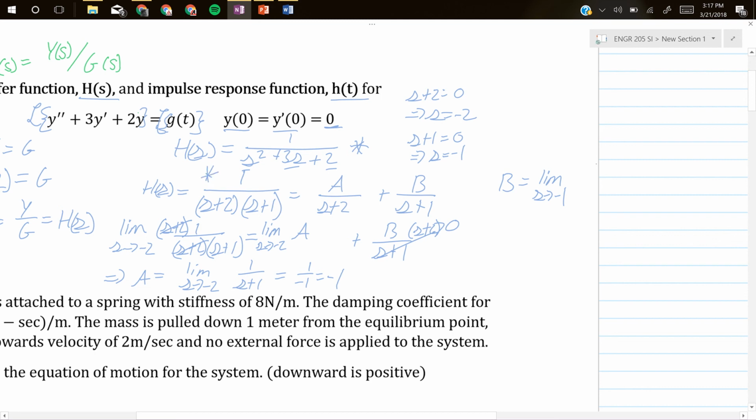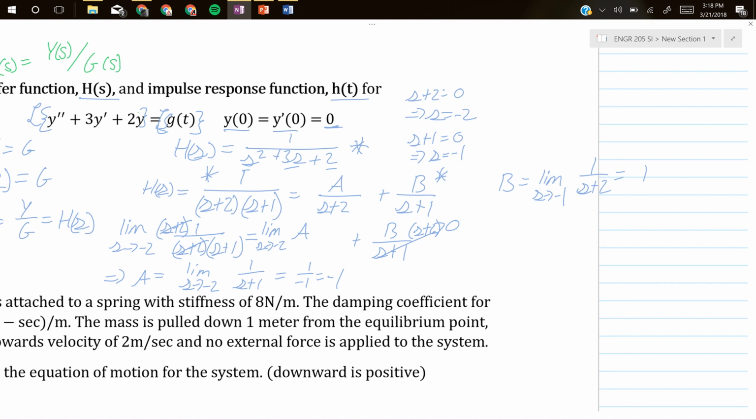So that means we're going to do the limit as s approaches -1 of 1 over s plus 2. And the reason why we're getting B is because when we multiply s plus 1 to our right side over here, it'll make the A term go to 0, since the s plus 1 term cancels out with the denominator for B. So then all I have to do is plug in -1, and it should equal 1, because I'll have 1 over -1 plus 2.